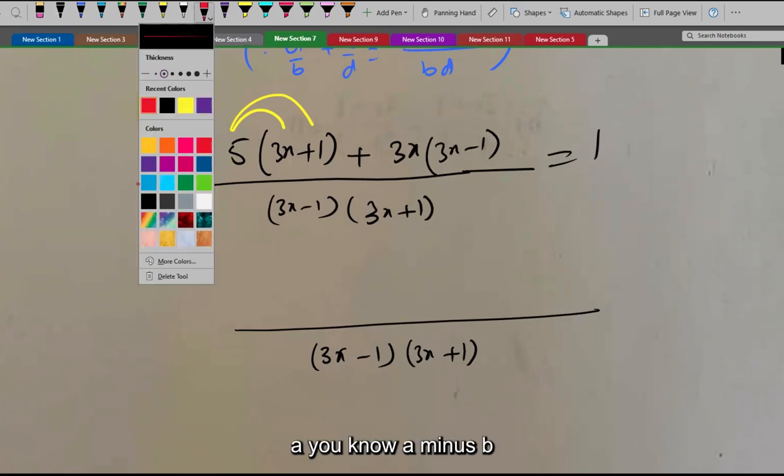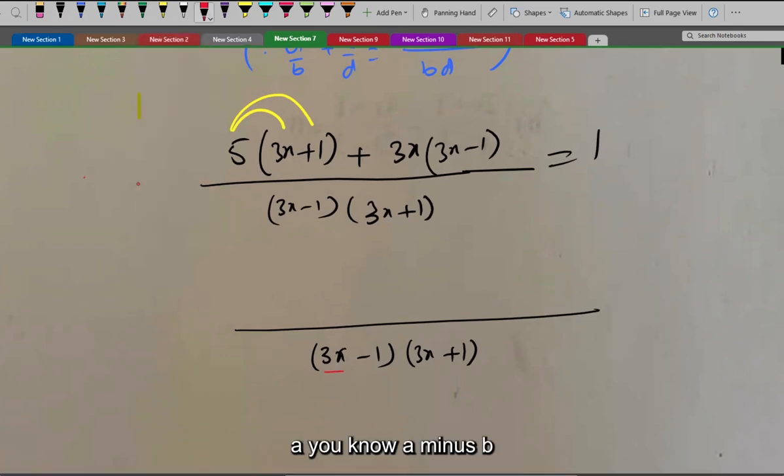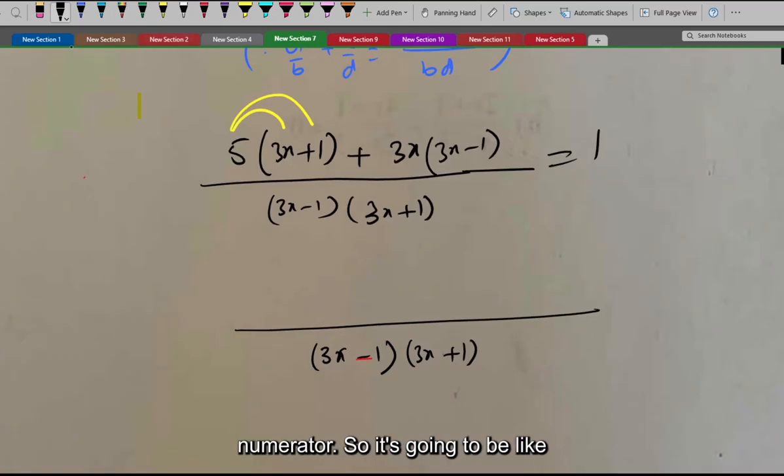No, the formula form. Something like A minus B and A plus B. Oh yeah. So it'd be 9x squared minus 1. Perfect.